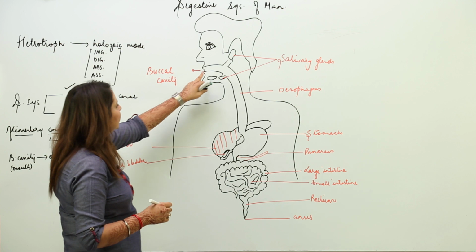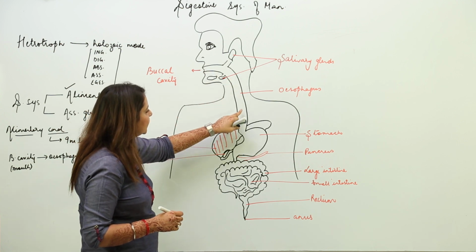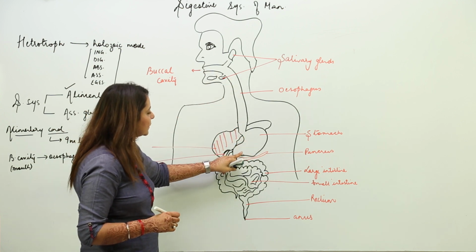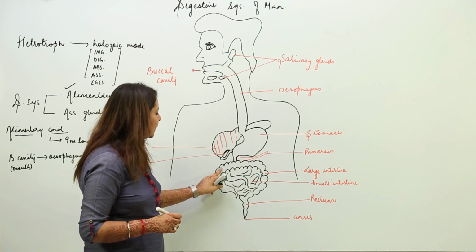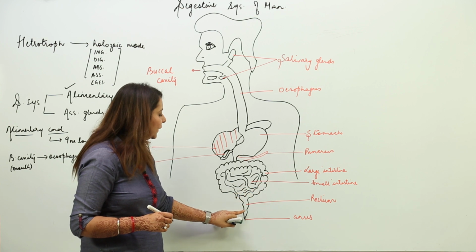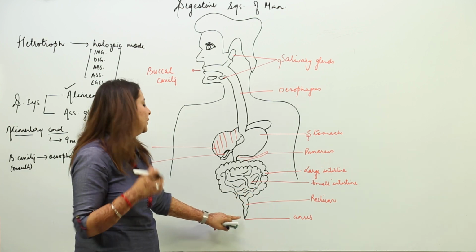You can see here, this is buccal cavity, this tube is esophagus, this is stomach, this coiled one is small intestine, this wide one is large intestine, and this is the anus. So this is the alimentary canal.